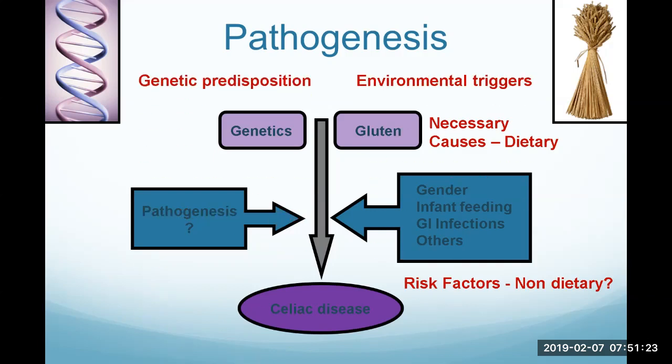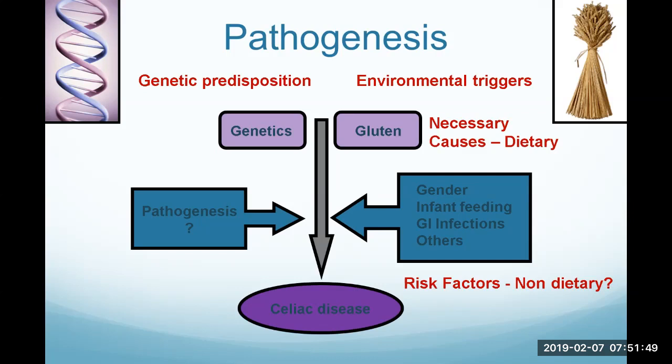So the genetics is the HLA DQ2, DQ8, and gluten is the environmental trigger. But at the same time, you may still not have celiac disease and may require other triggers, environmental triggers, like being a female, which gives you a higher risk.